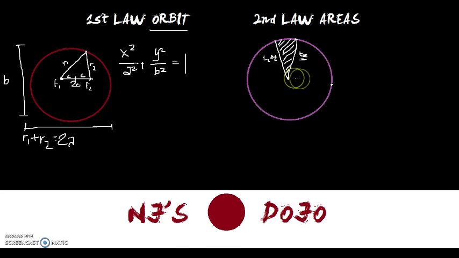So basically it's true if it happens here. If the planet is here and the planet moves here, for as long as the time is the same, the area is basically the same. So that means if this is area 2, this is area 1, area 1 will always be equal to area 2.